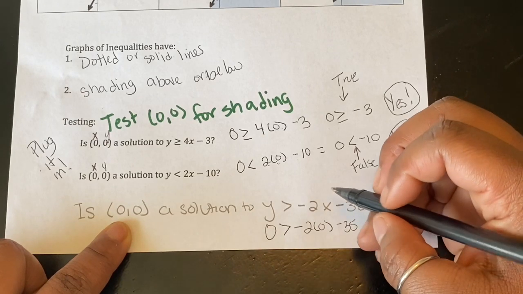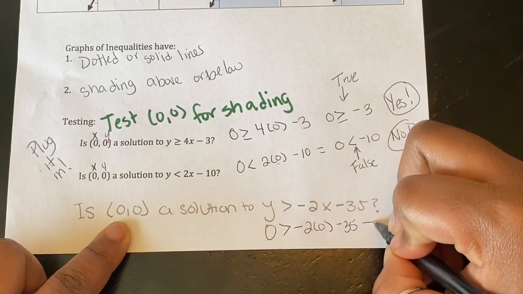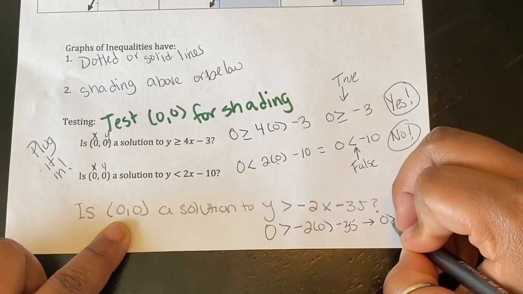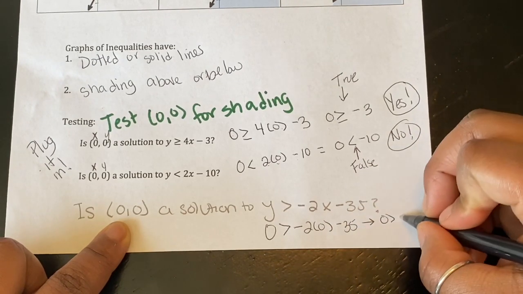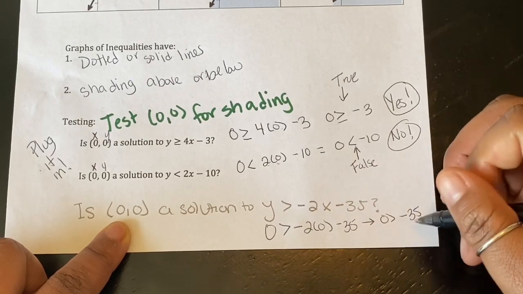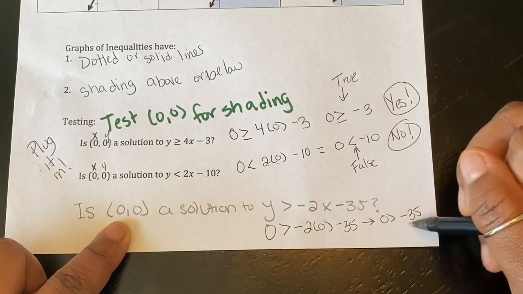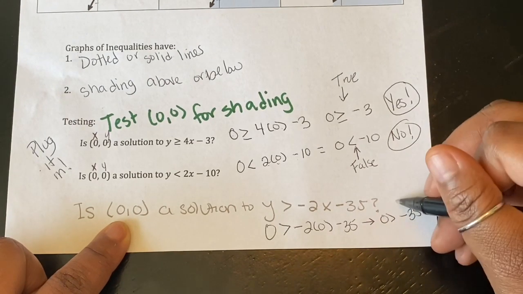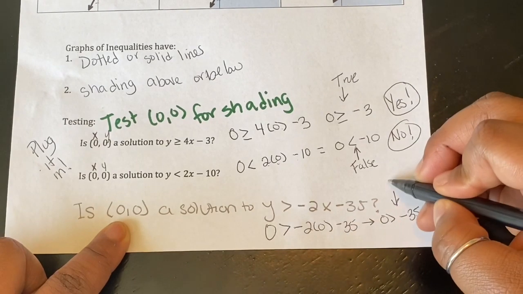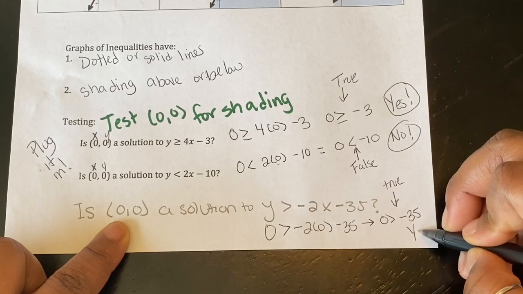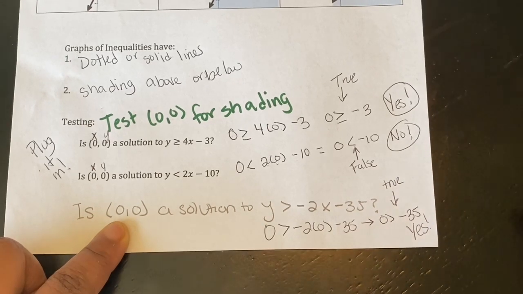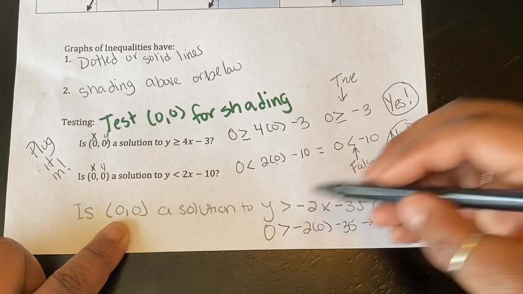That equals 0 is greater than negative 2 times 0, which is just 0, minus 35. And you ask yourself, is 0 greater than negative 35? Why, yes, that's true. 0 is greater than that. So then, yes, the answer is yes. (0, 0) is a solution to this inequality.